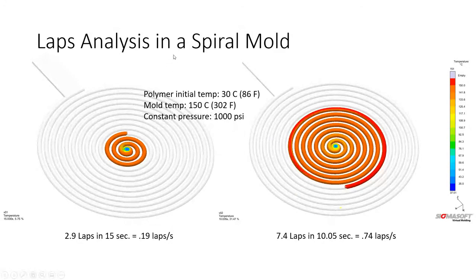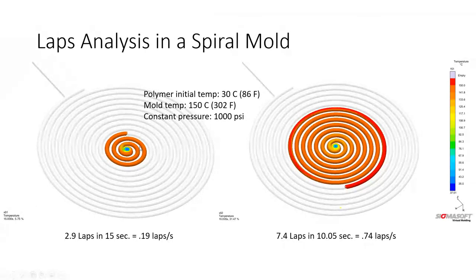One of the useful ways of looking at how well this will work is what's called a lap analysis. You take a spiral mold and you inject the material, and it spirals and spirals, and you simulate this with the material characterization data, and you count the number of laps per second for these two materials.